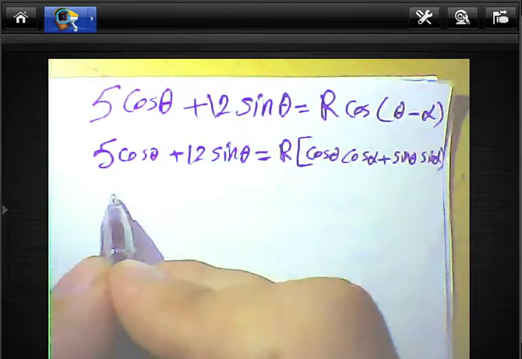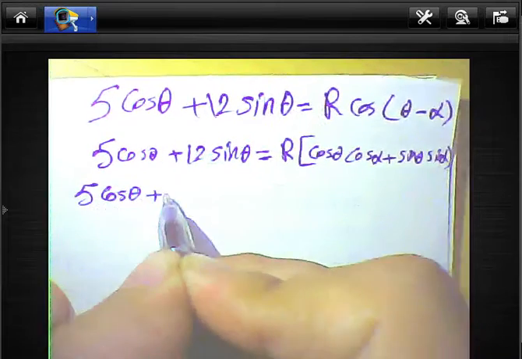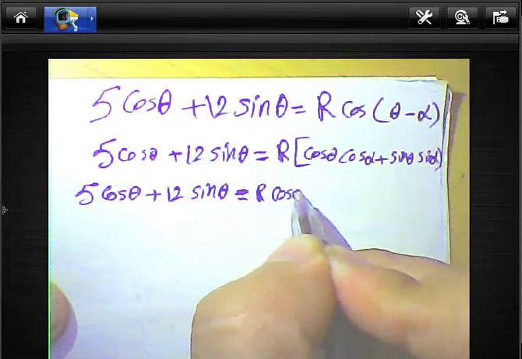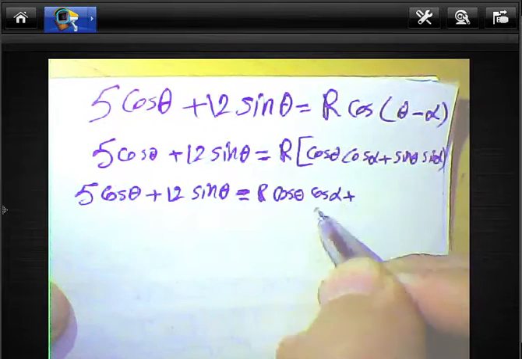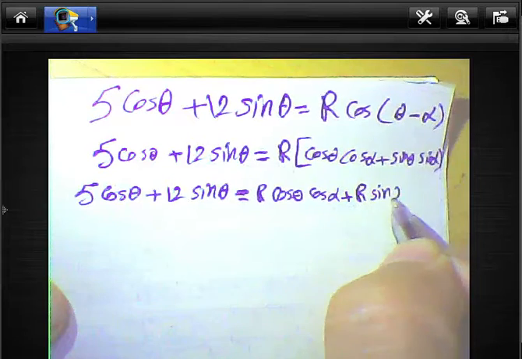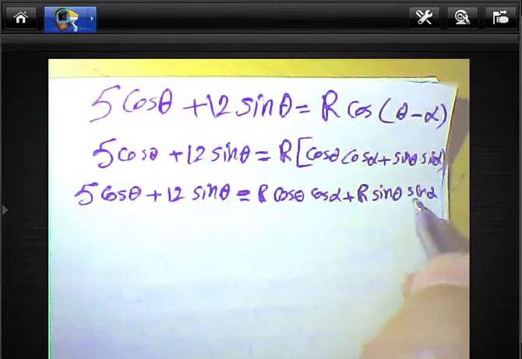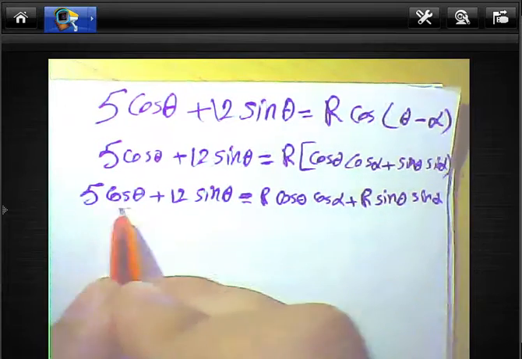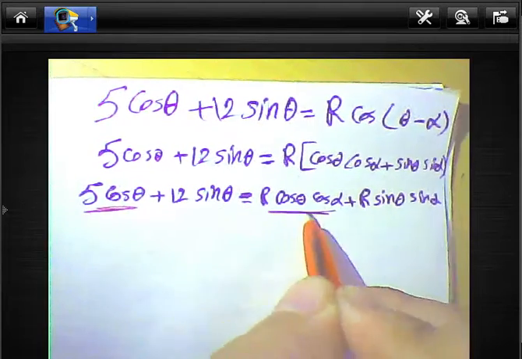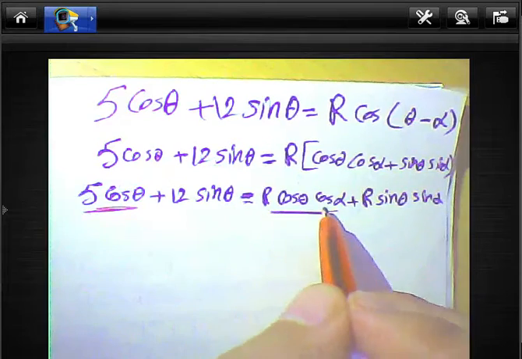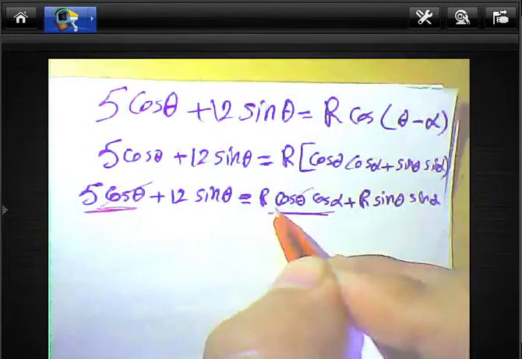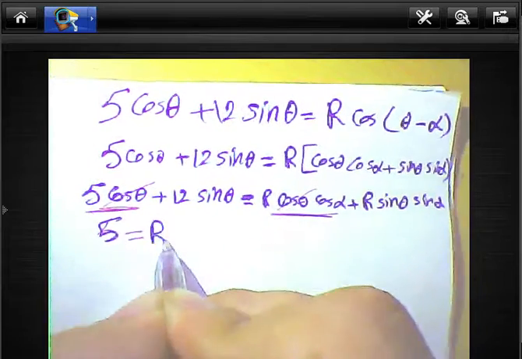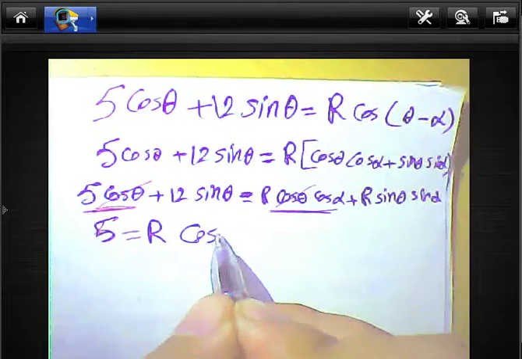Then 5 cosine theta plus 12 sine theta equals r cosine theta cosine alpha plus r sine theta sine alpha, and we can compare. 5 cosine theta and r cosine theta cosine alpha: we can cancel cosine theta with cosine theta, so 5 will equal r cosine alpha.